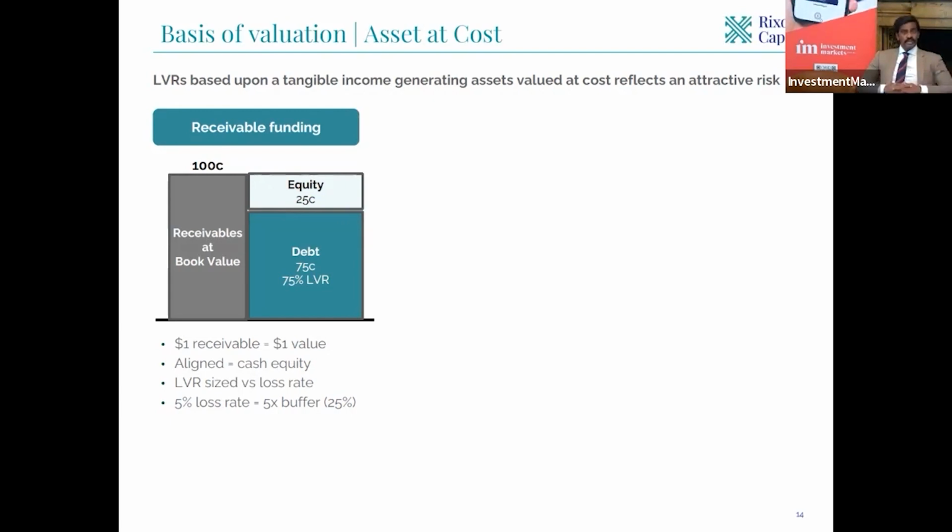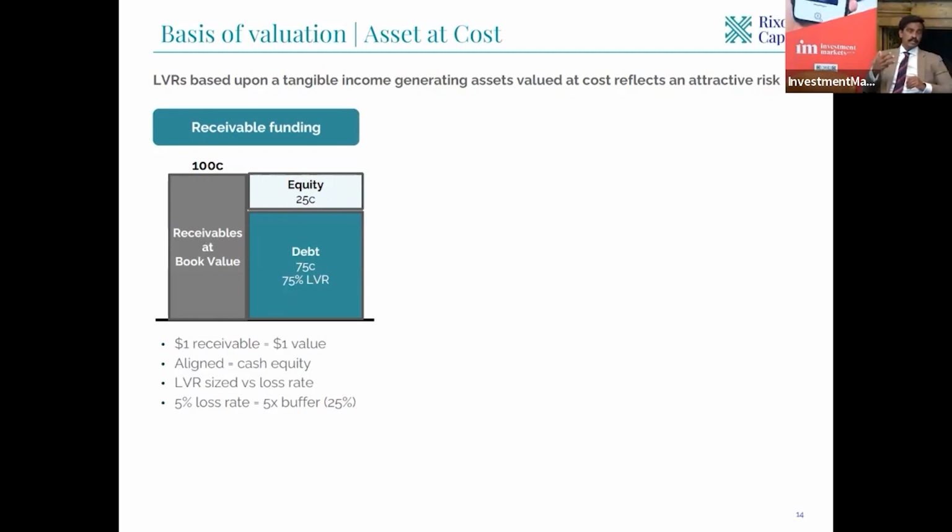And the beauty of receivable funding facilities is they're self-liquidating. So you don't have to worry about a refinance if refinance isn't forthcoming, because the receivables pay themselves out over the 6 to 12 month period. It also allows you to assess risk at a very specific level. So in this example, we assume that we've diligenced the business and there's a 5% loss rate.